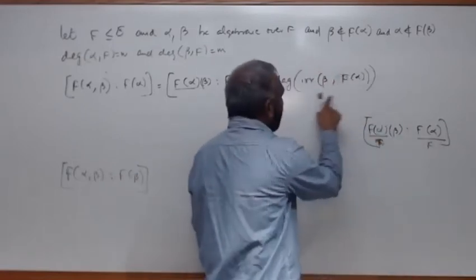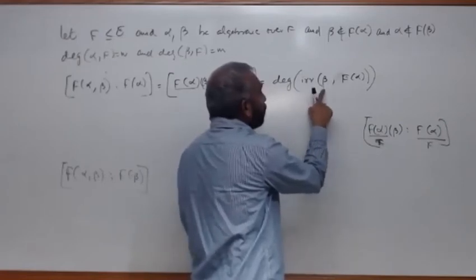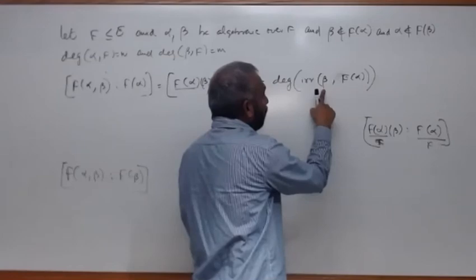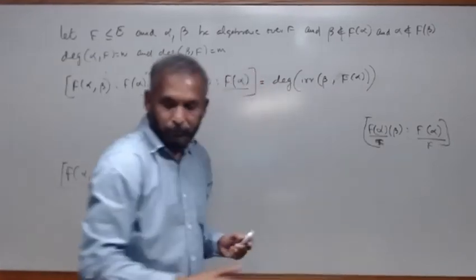So that is what I am saying here. It's the degree of the irreducible polynomial of beta over F(alpha).